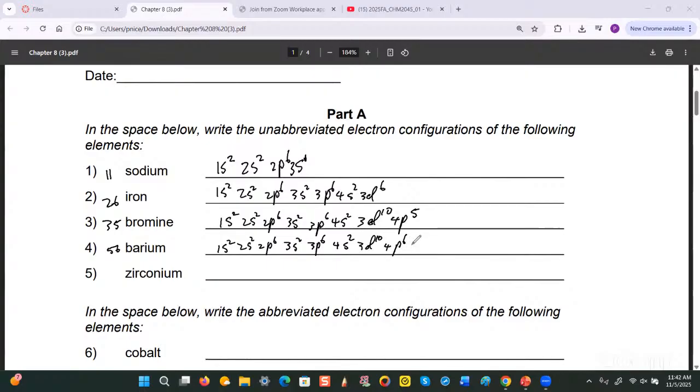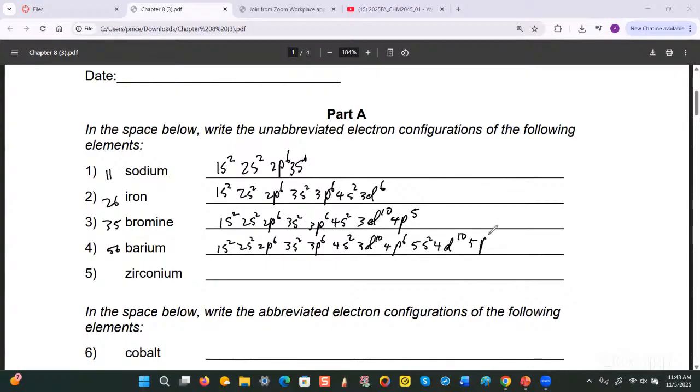So what comes after 4p? 5s, 5s2. What comes after 5s? It's going to be 4d10. So far we have 36, 38, and with 4d10 that's 48. What's the next sublevel after 4d? 5p.